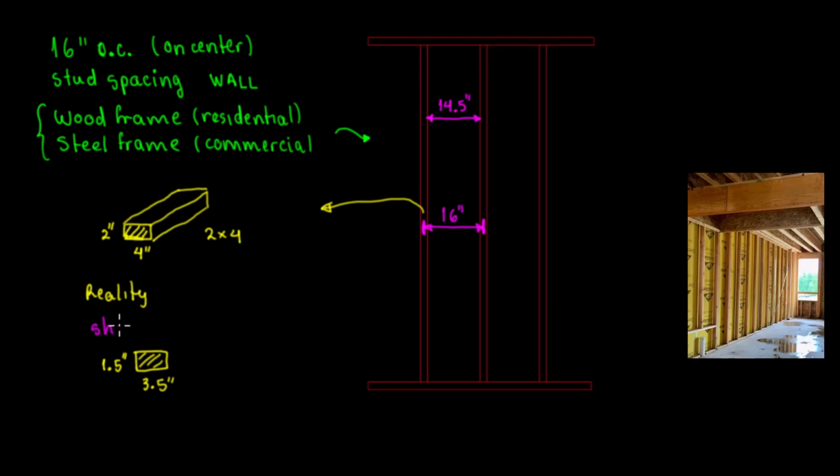Originally when it's cut, it's green wood with the original dimensions of 2 by 4, but it shrinks because it dries, so it ends up being smaller. That's why we use 1.5 by 3.5, and based on those smaller dimensions, the interior is 14.5 inches.